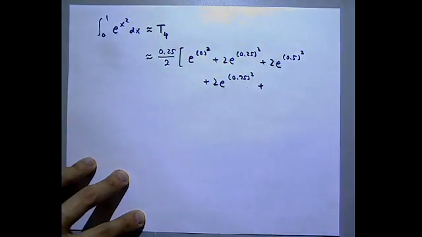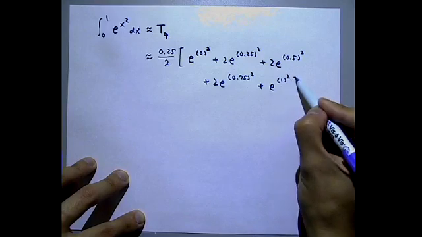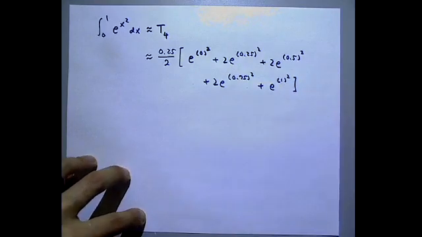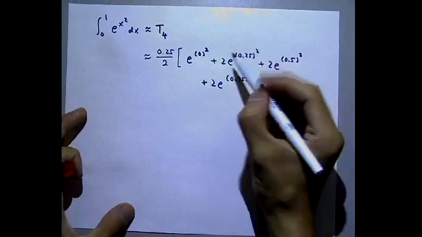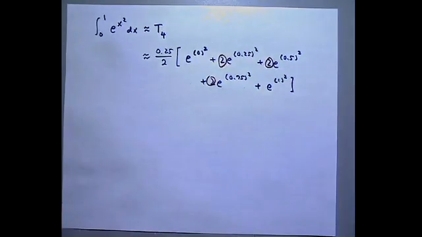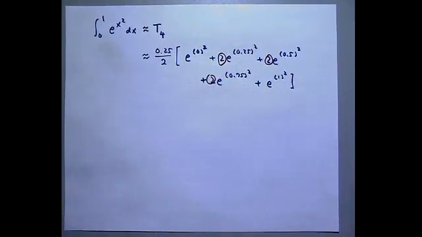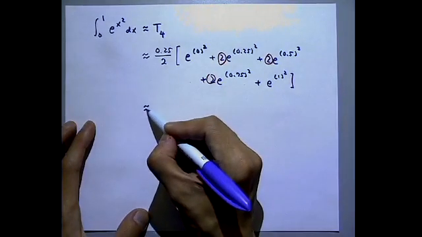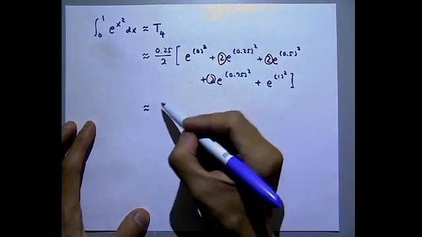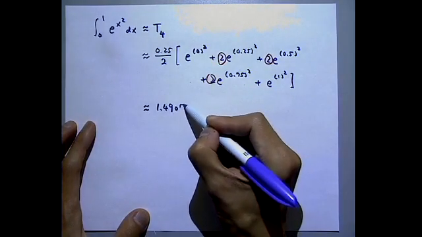But the last point, the right boundary, does not get a 2. And this turns out to be 1.4907.